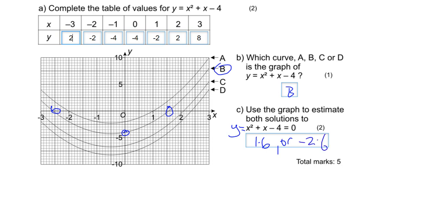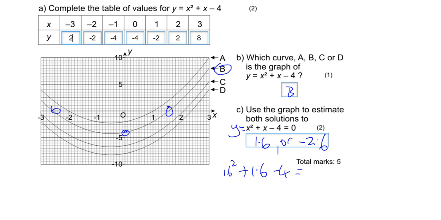And what I'm going to do, just to check that one, is put it into my equation just to test it. If I had 1.6 squared plus 1.6 take away 4, what would I get? Let's have a look at that. So 1.6 squared plus 1.6 take away 4, and that gives me 0.16, which is really close to 0.